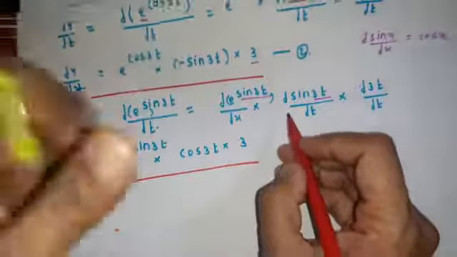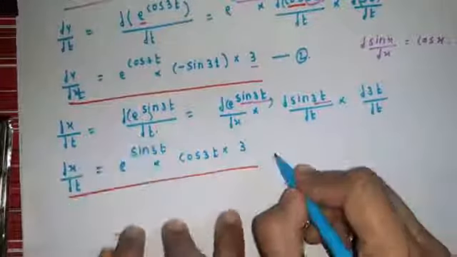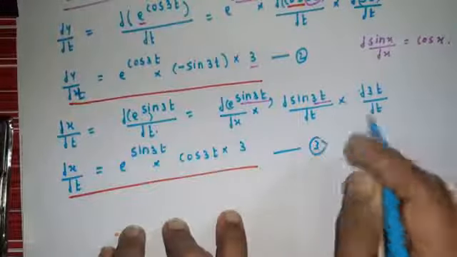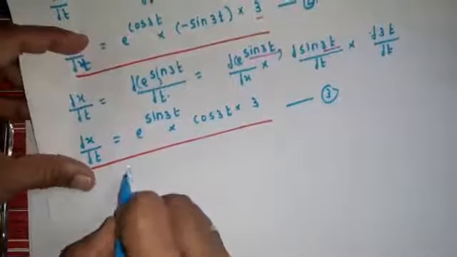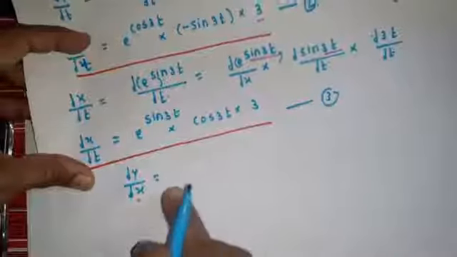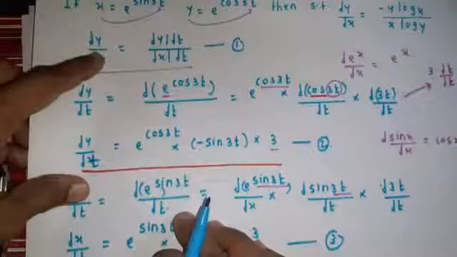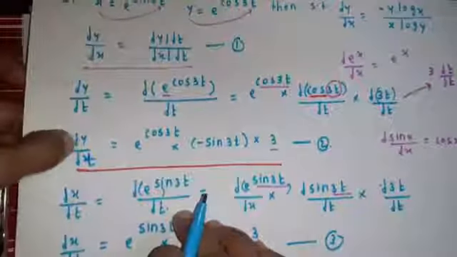This is third. Now put the value of 2 and 3 in 1. We will get dy by dx equal to... what is dy by dx? Dy by dx is dy by dt upon dx by dt. What is dy by dt?